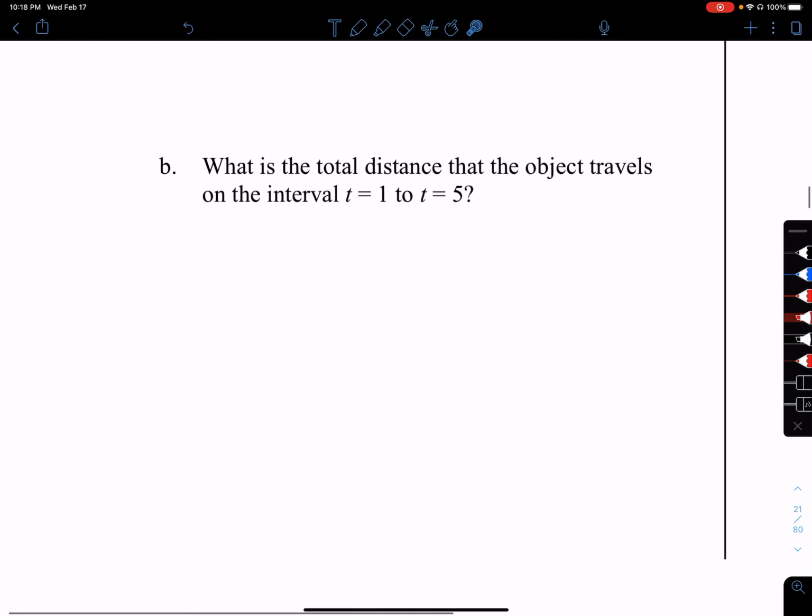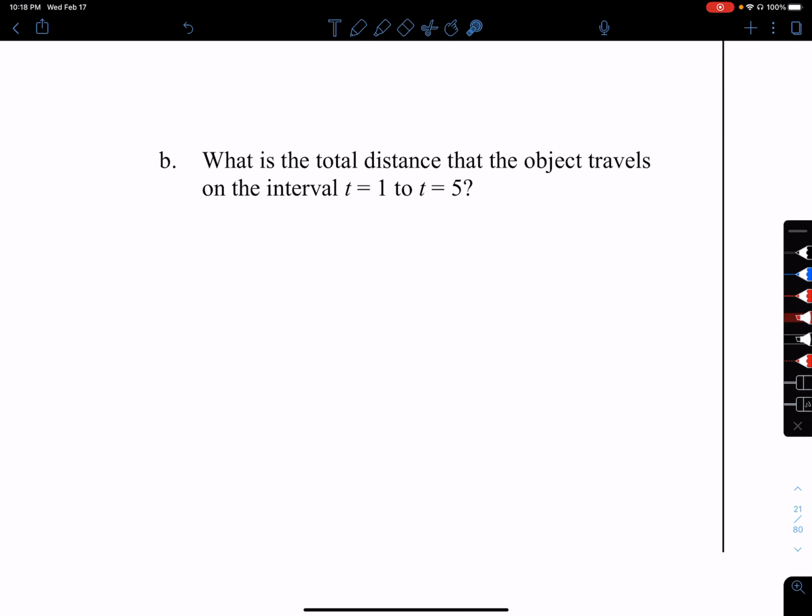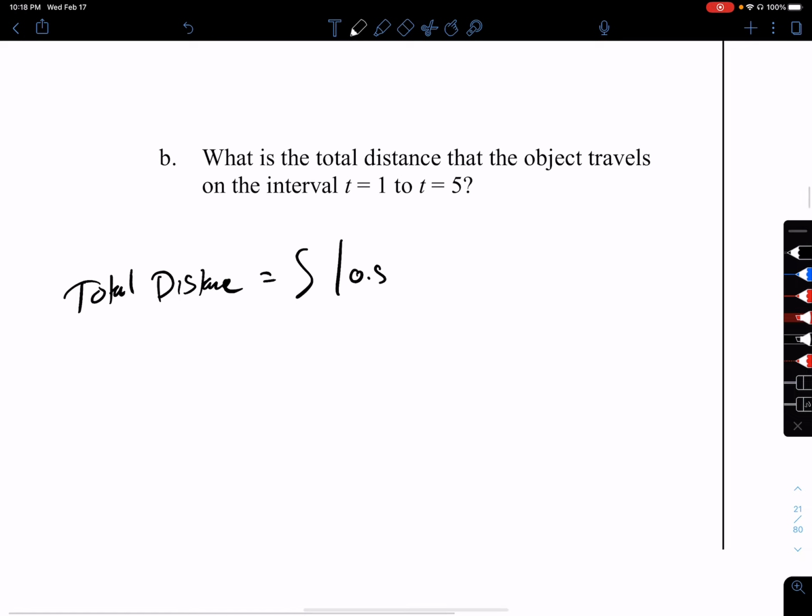B, what's the total distance the object travels on the interval? Total distance, we have to take the absolute value of the velocity function. And once again, we don't know how to integrate this. We don't know how to integrate products. So we use our calculator for this also.